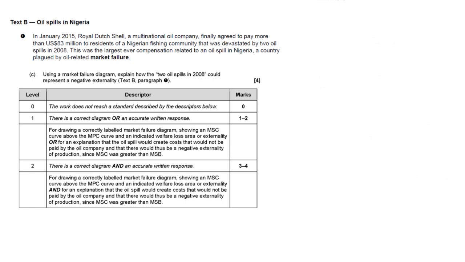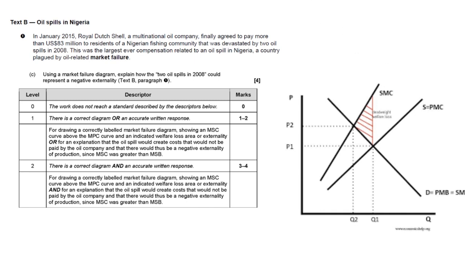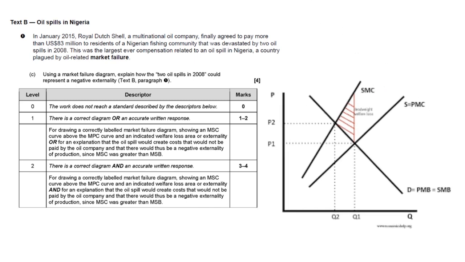Let's take a look at part C. You have to make use of a diagram to do it. As you can see in the marking guide, you have to put a diagram with an accurate written response. When you draw this kind of diagram, make sure that the MSC is higher than the MPC. Can you see that here? This is the MSC and the MPC.